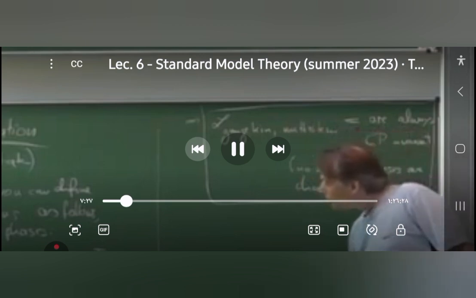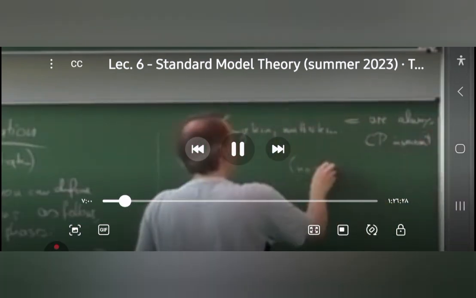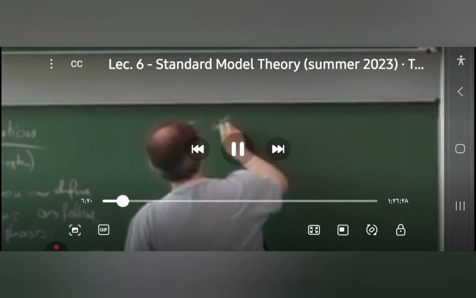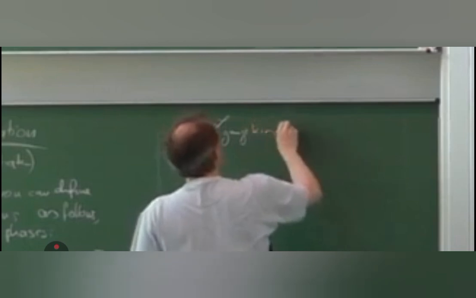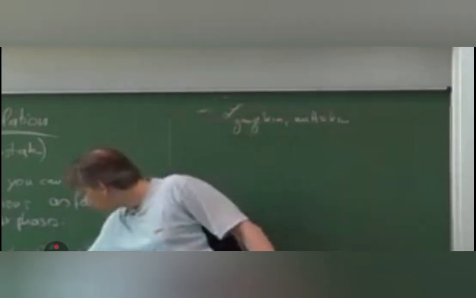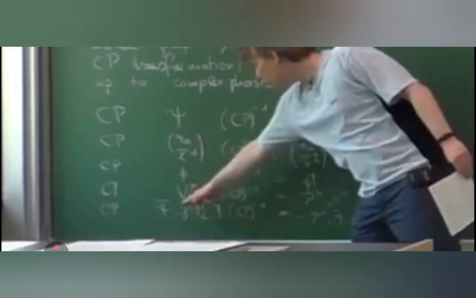So that is an important statement. You cannot get CP violation from any of those terms in the Lagrangian. Good. Third model. Then the gauge kinetic and matter kinetic terms, they are completely composed out of either vector fields and their derivatives, or out of such objects coupled to vector fields.